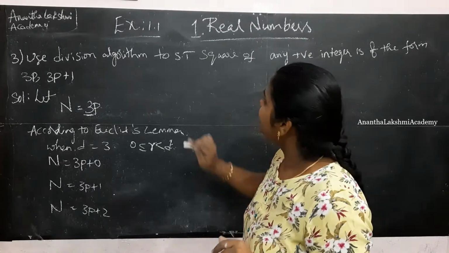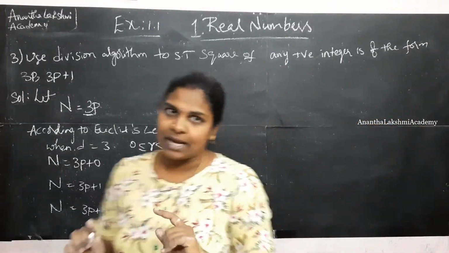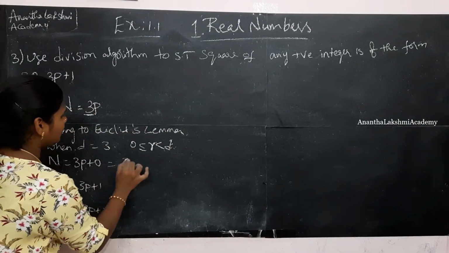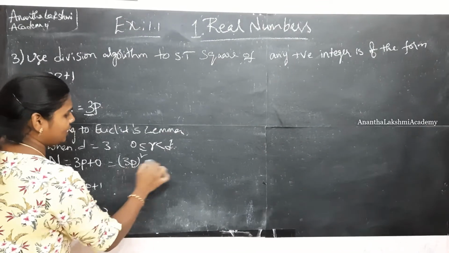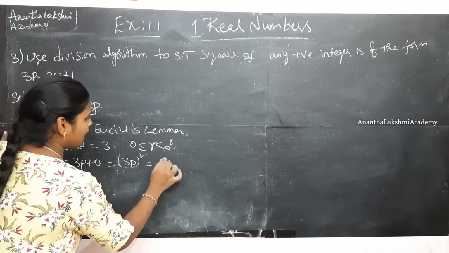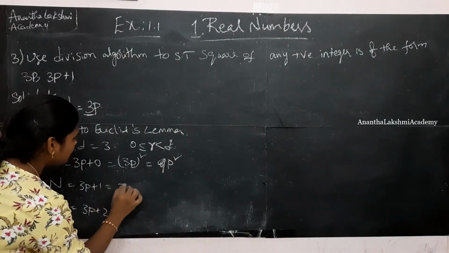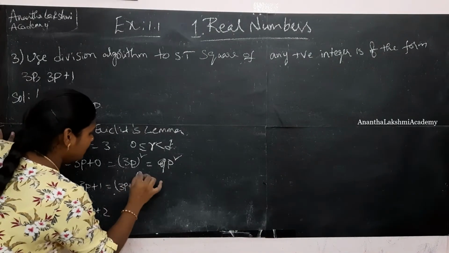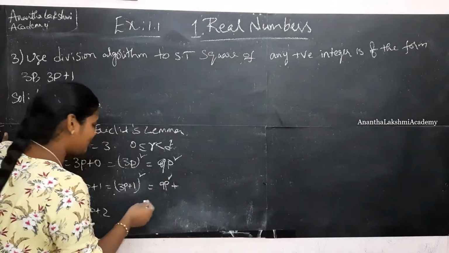Now, what are they asking us? The square of any positive integer. Let's apply the square to this. 3p whole square is what? 9p square. Now 3p plus 1 whole square is nothing but 9p square plus 6p plus 1, using the a plus b whole square expansion.